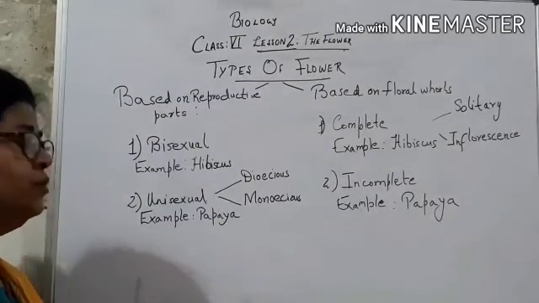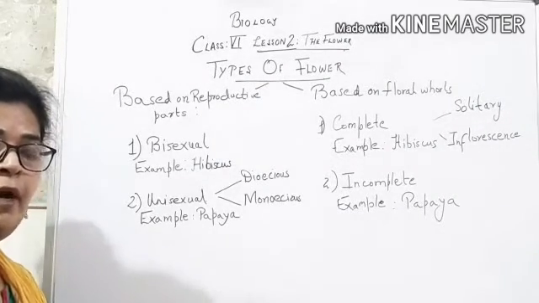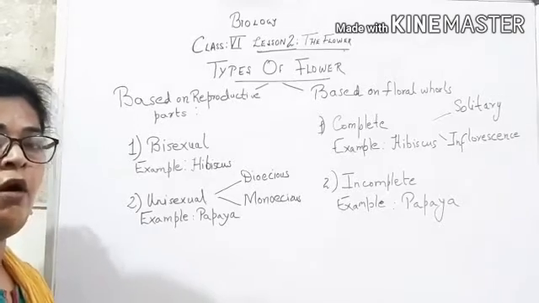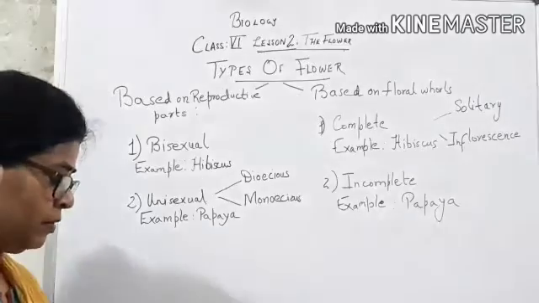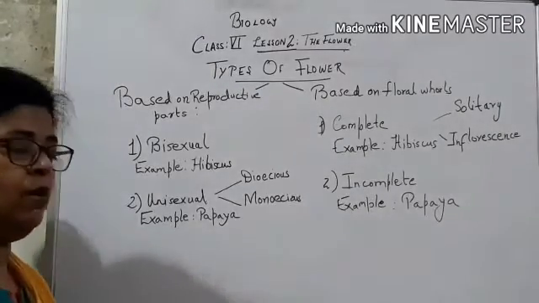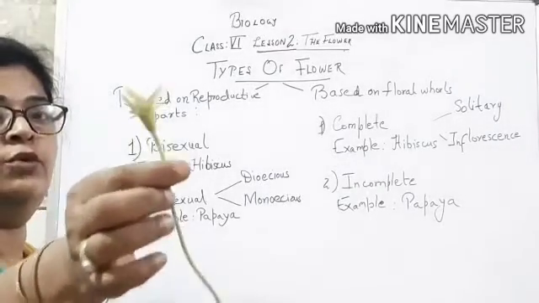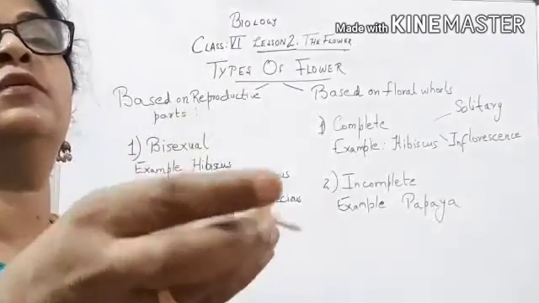Unisexual flowers are those flowers which have either the male part, that is stamen or androecium, or the female part, that is carpel or pistil. So I have here a bottle gourd flower. This is a unisexual flower. It only has stamens in it.